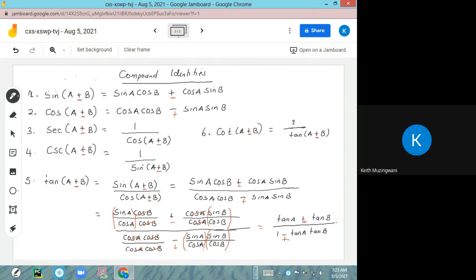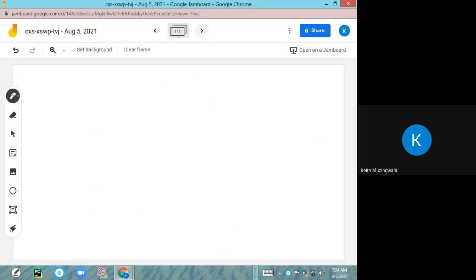Okay, so we move to some more identities now. As a result of the compound and the most important identity, what do we get? You can see that if we are to have sin A plus A, you know A plus A is just 2A.